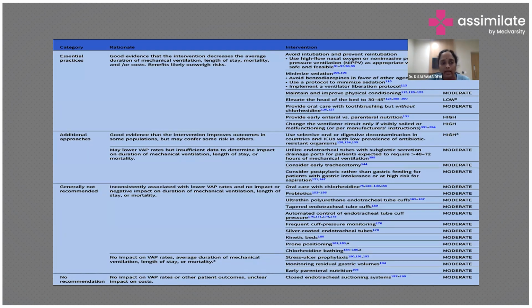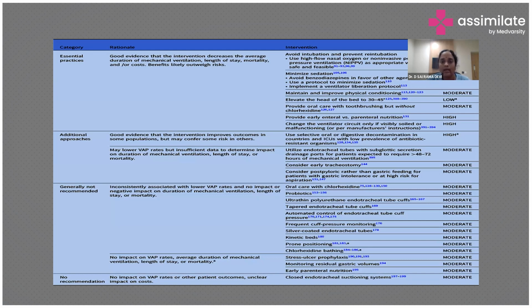And the other approaches are selective oral or digestive decontamination, in ICUs where there is low prevalence of antibiotic resistance. You can go with this method and utilize endotracheal tubes with subglottic suction. We do use these in our ICUs.